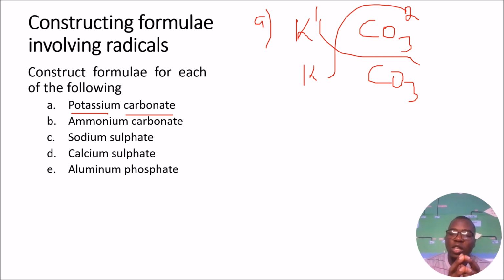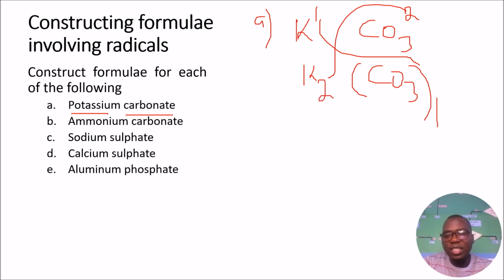Radicals, they just want to be the way they are. If they sense anything coming towards them, they need to protect themselves by enclosing themselves in brackets. So here, because there is this valence that is coming, they are going to sense it and they are going to enclose themselves in brackets so that when this valence comes, it will be outside. Then this one will go here, it will be K2.